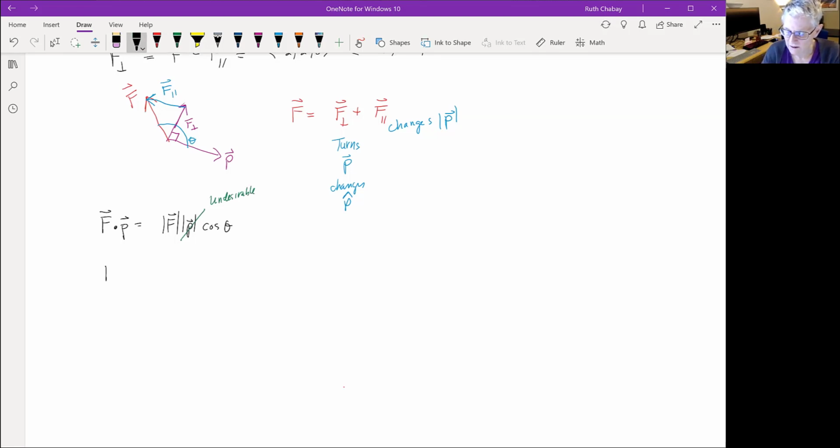So instead we take F dot a unit vector in the direction of P, P hat. This gives us the magnitude of F cosine theta. So that's what we want.